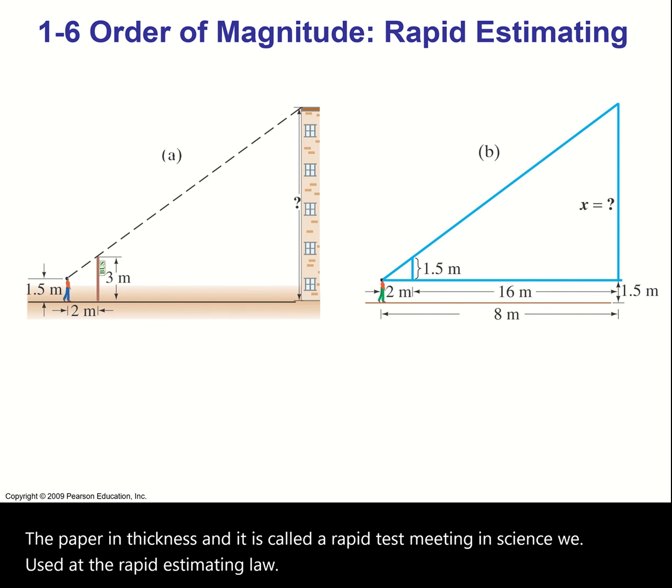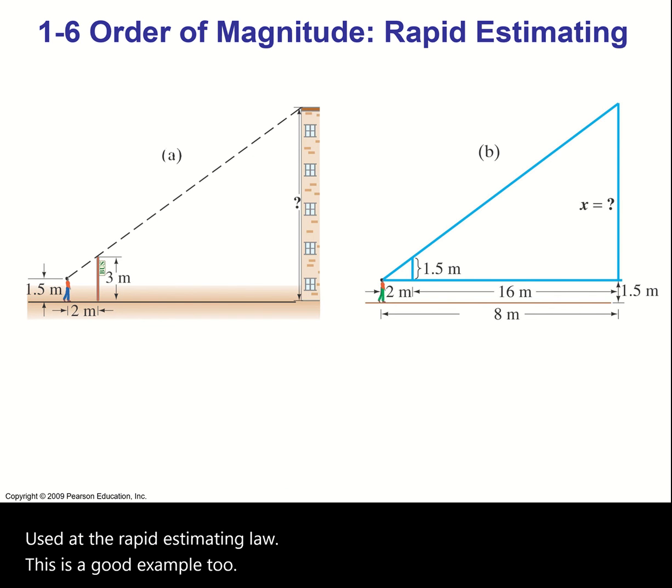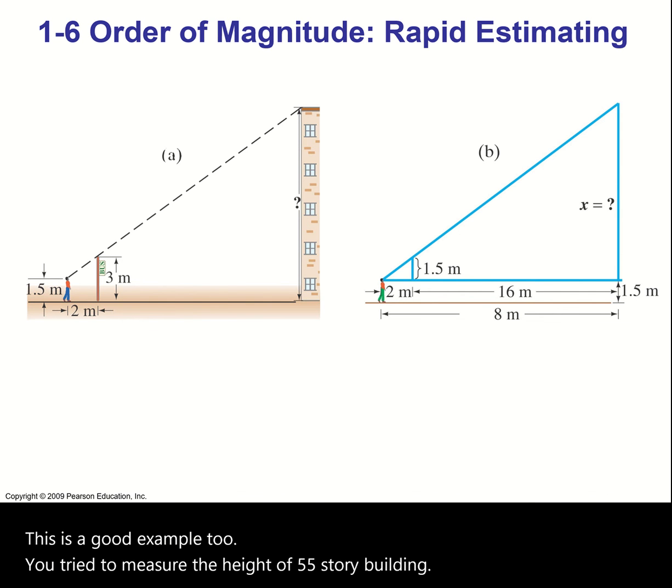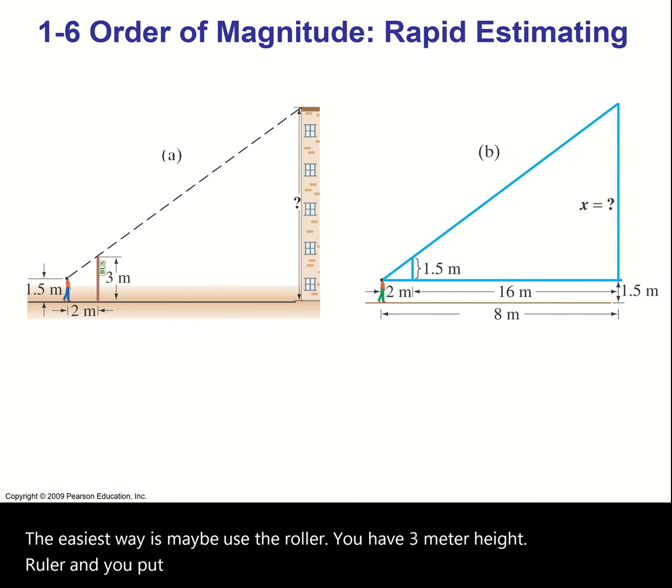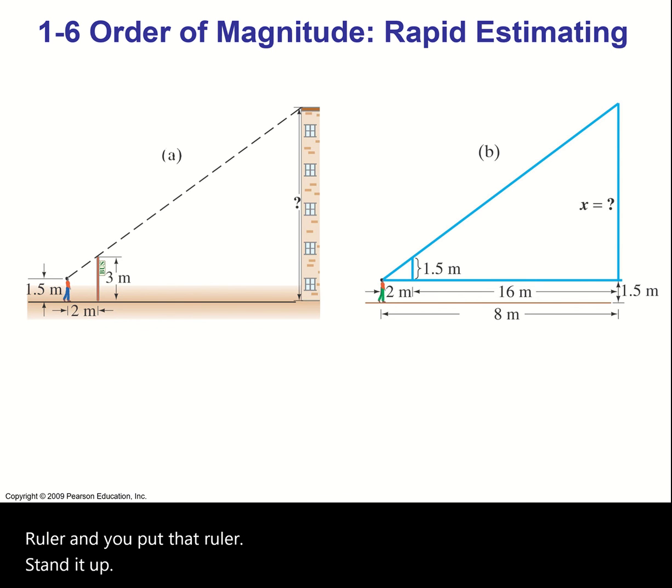This is a good example too. Now, try to measure the height of a 5-story building. The easiest way is maybe to use a ruler. You have a 3-meter ruler, and you put that ruler standing up just 2 meters away from your position.